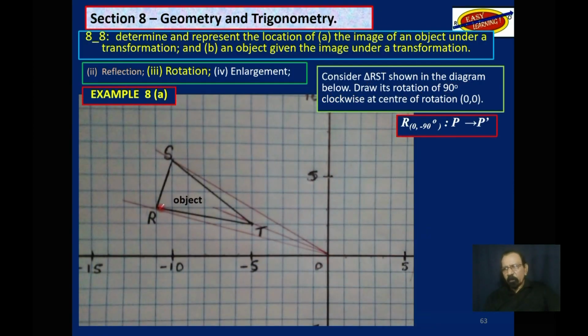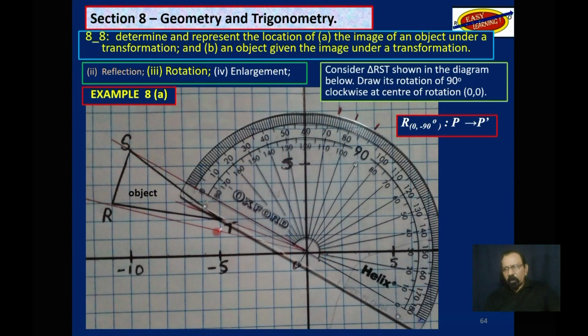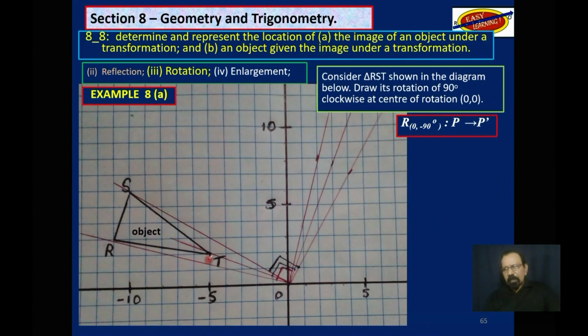Draw 3 lines from those points to the center of rotation. Use each line to measure off the 90 degrees towards the right. Those 2 have been done already. The one you are seeing here is from S. Now that you have that, you use a compass with a metal point here.